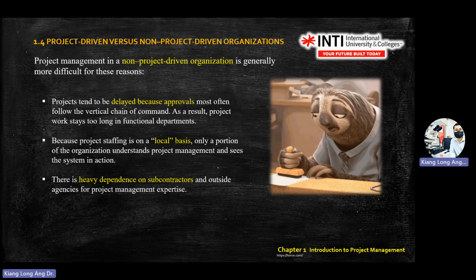Some projects will be delayed because of approval, and project staffing is on a local basis, meaning they look at their own department only. They don't care what's happening in other departments. They are heavily dependent on subcontracting, meaning they like to contract outsiders to complete the task.